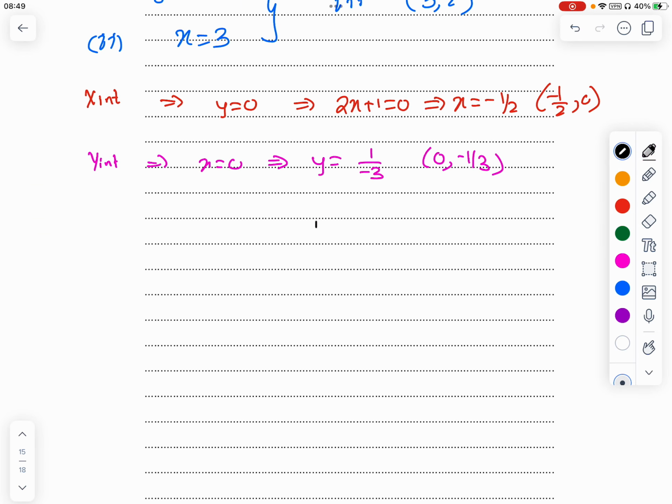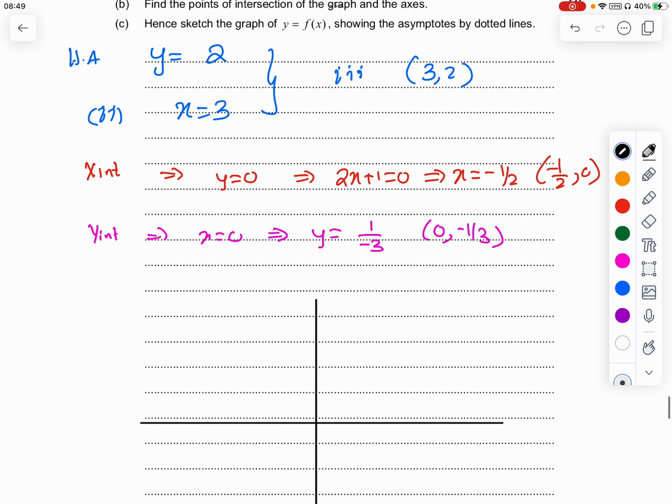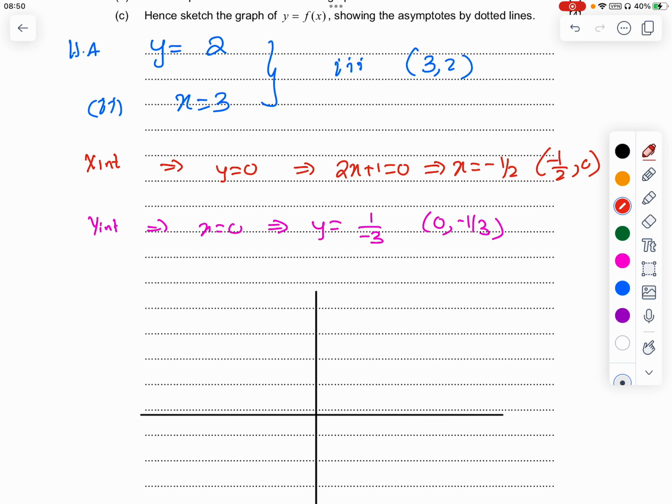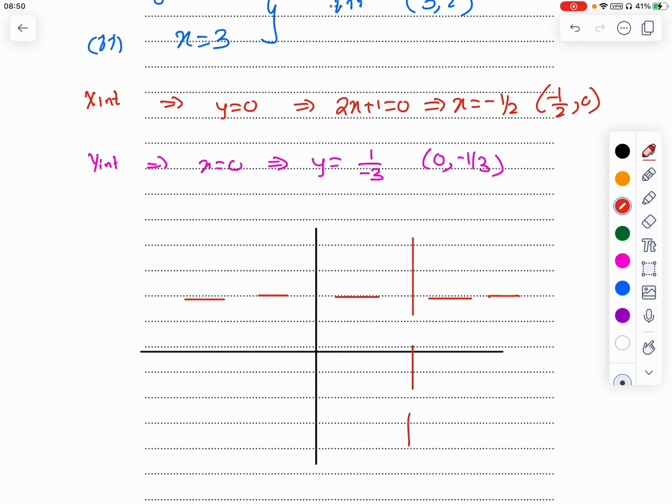So we have to draw the graph for that one. So I got the graph as y equals 2 is the horizontal asymptote, and x equals 3 is the vertical asymptote. x-intercept is (-1/2, 0).